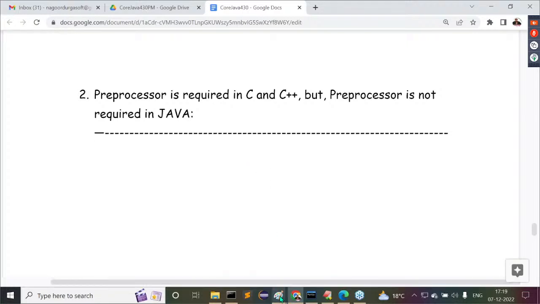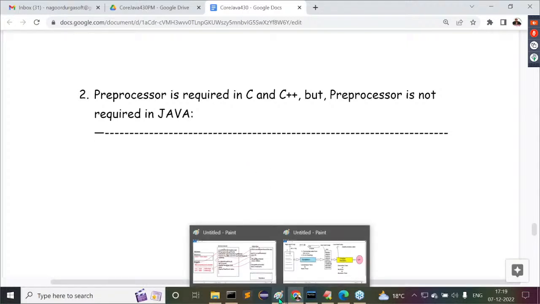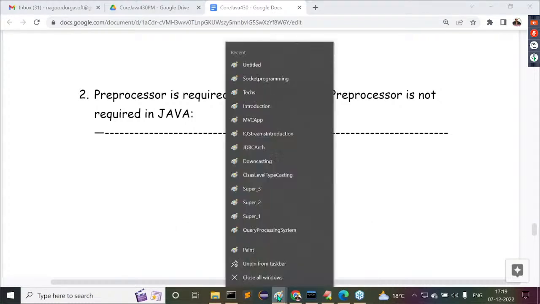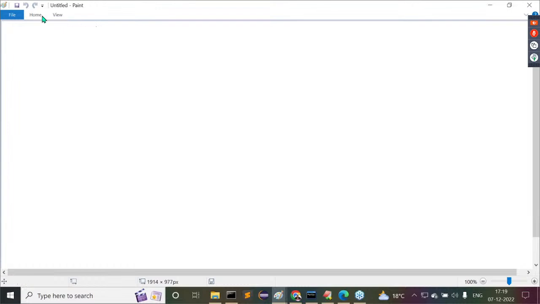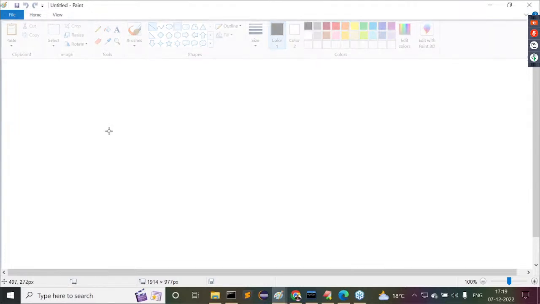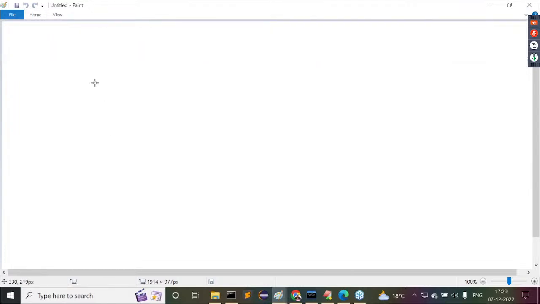Now, first of all, I want to give one diagram. Now try to understand this diagram. Listen carefully. I have taken a program, a C program only.